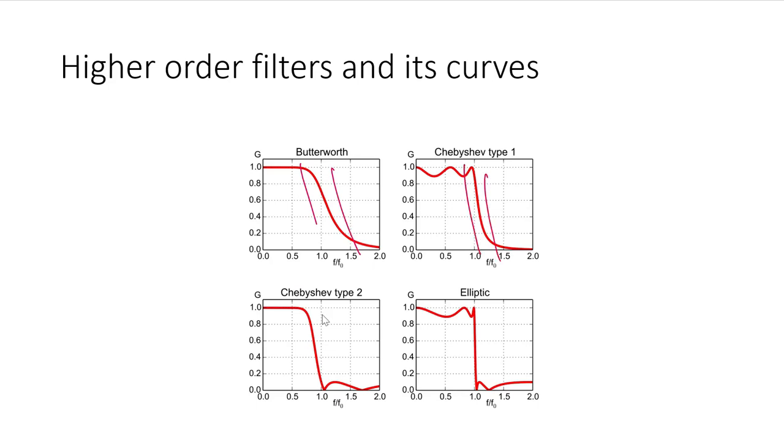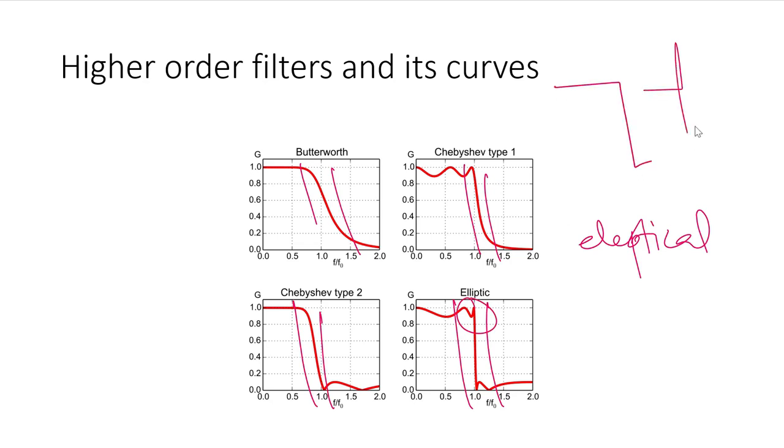This response is high, this is again high, this is very high. The highest response is of the elliptical filter, but it introduces very high ripples. So a sharp cut means we will have something like this, and a low cut means we will not have ripple. So this is about the higher order filters.